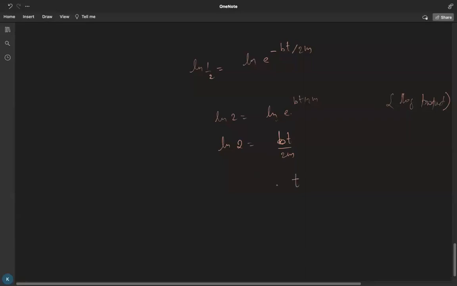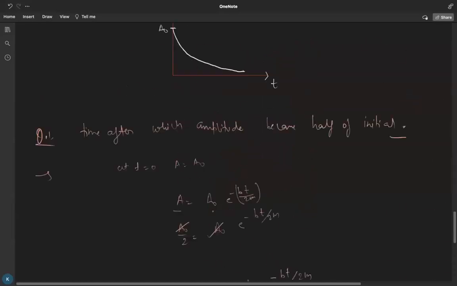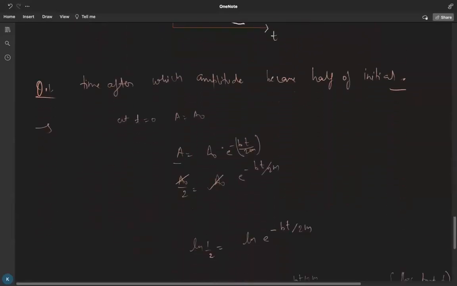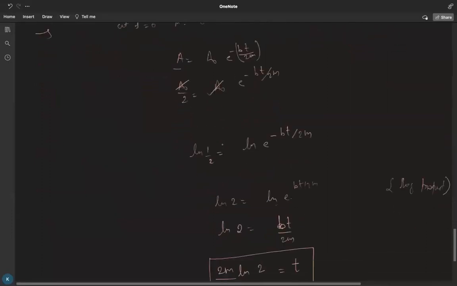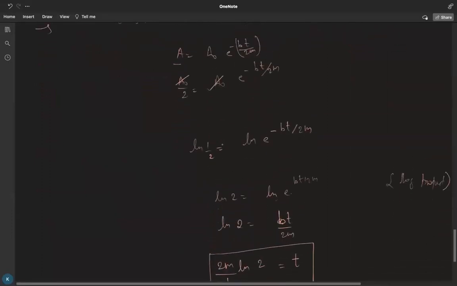So our time taken is 2m by b ln 2. After such time our amplitude is half of the initial. So you have to keep this in mind: after how much time our amplitude becomes half of the initial. It is 2m by b ln of 2.